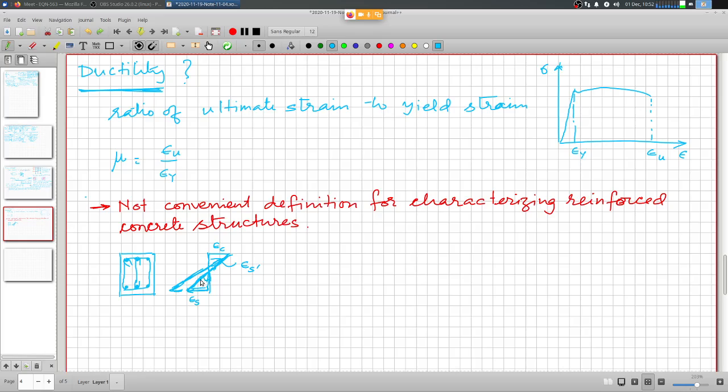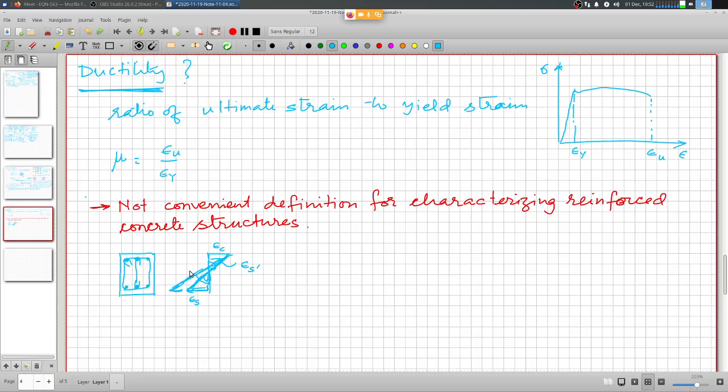It is this angle, the angle of the strain block, which is changing. This strain triangle is the basis of all our reinforced concrete section calculations.